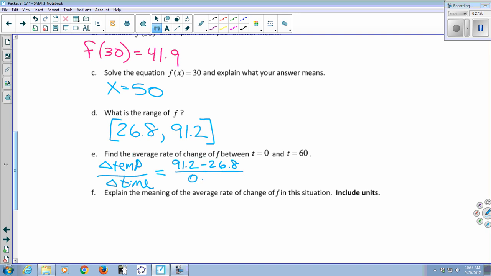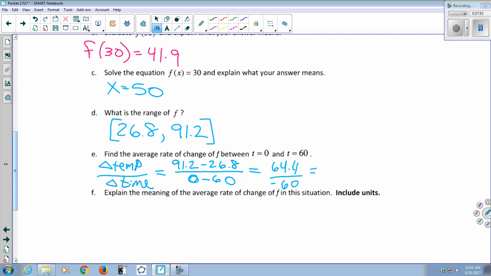I'll do 0 minus 60. I have to do the same order. 91.2 happened at time 0, so I have to do the 0, then minus the 60, because the 26.8 happened at 60. All right, so I do this real quick on a calculator. 91.2 minus 26.8 is 64.4, over negative 60.